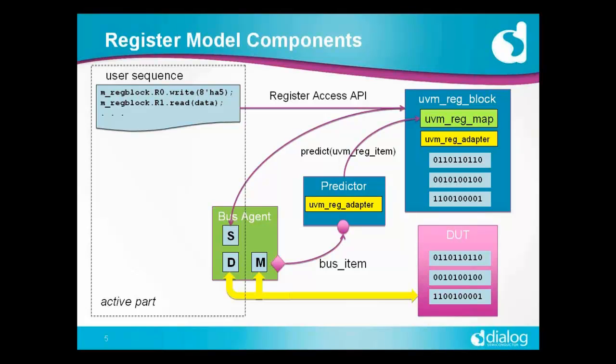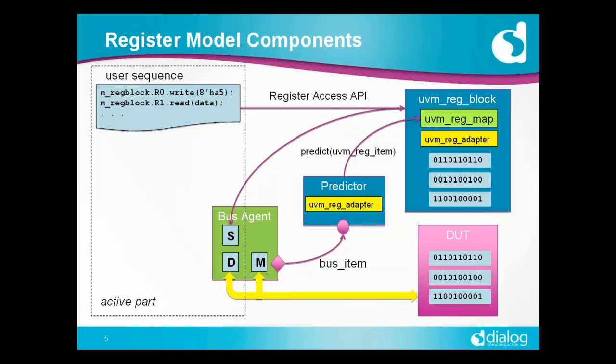So I've got my user sequence, which is a test sequence doing some register accesses on the left-hand side. It's using the register access API that you get with your UVM register model. So we're doing reads and writes to registers via a hierarchy name on the left there, or by name. We can get a register by name or a field by name out of the register block.